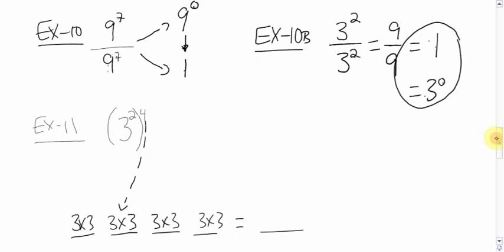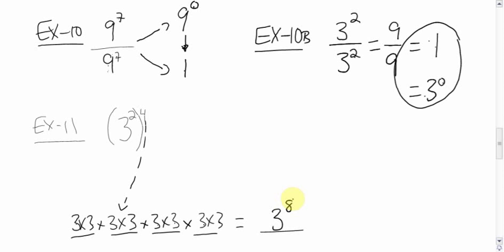Like this. 4 times we're going to write 3 squared, which is 3 times 3. Well, we're multiplying all these together, so if we're going to write the answer in exponent form, what would the answer be? Count up the number 3s. 1, 2, 3, 4, 5, 6, 7, 8. The answer is 3 to the power 8.